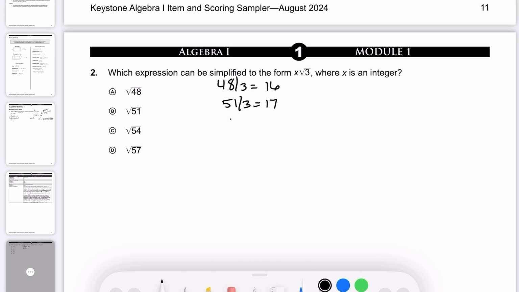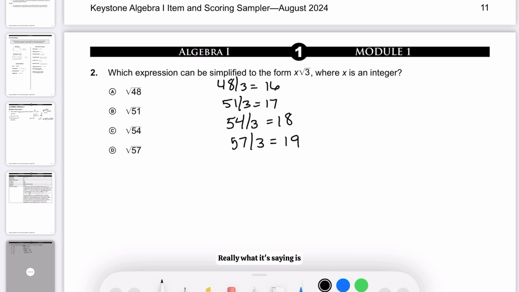If I do 54 divided by 3, I get 18. And then I get 50. If I do 57 divided by 3, I get 19. Okay, so it's saying where x is an integer.